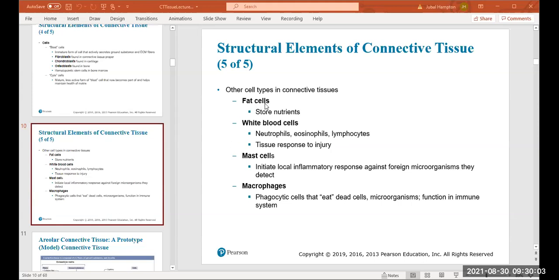Adipocytes are the fat cells. Adipocytes store nutrients, and there are two types of adipocytes, white fat and brown fat. White fat actually looks yellow like chicken fat, like you see on a chicken breast or chicken thighs when you remove the skin.